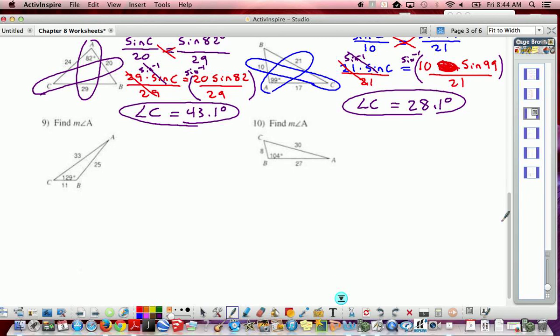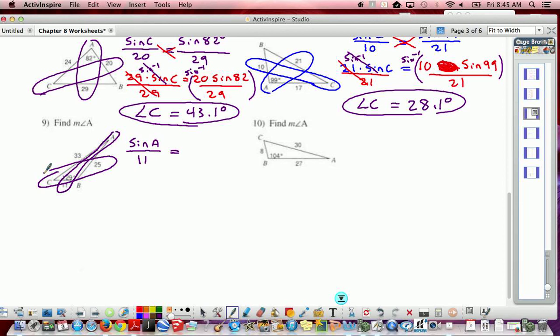2 more to go. Let's see if we're finding angle C again. Nope, here we're finding angle A. So if I look here, sine of A corresponds to side 11. Now the other angle here is angle C, which corresponds to 129. Whoops, I apologize.